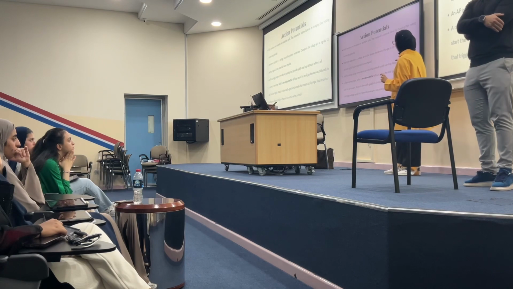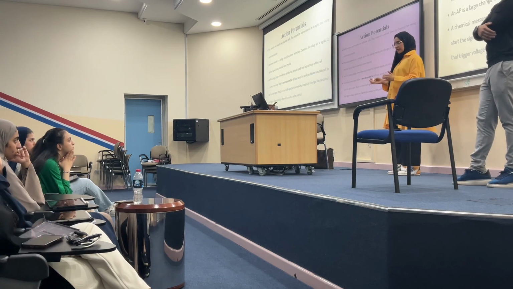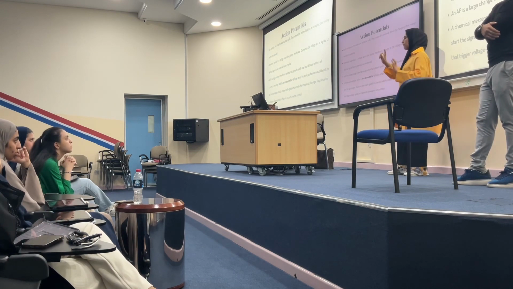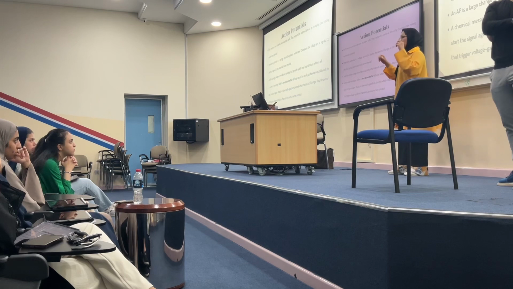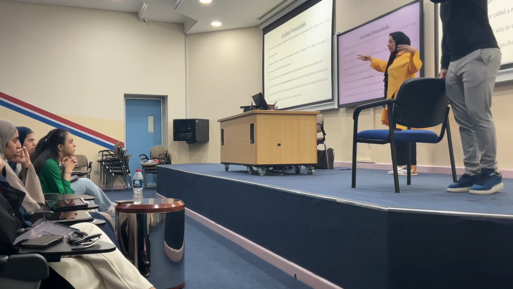And when the ions are flowing in or out, I have a local depolarization, or a local change of the charge at that area. So once this happens, voltage-gated channels, which respond to changes in the voltage, will open up as well and propagate my signal. So it starts with the chemical binding to the chemical-gated channel.